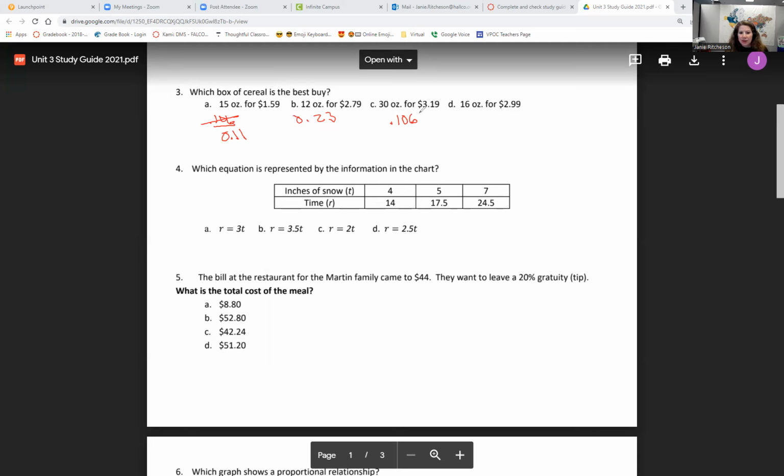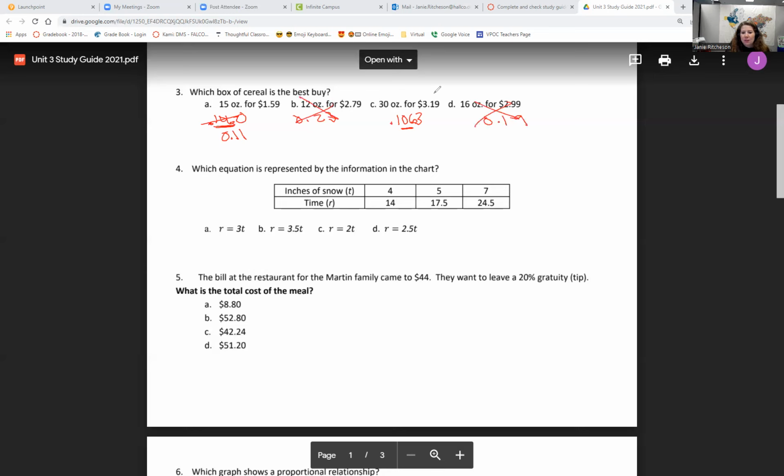So this next number is a 3. So let's go back to the first one. 1.59 divided by 15 is 0.1060, a tiny, tiny, tiny bit less than this one. So let's check out the last one. 2.99 divided by 16 is almost 19 cents.